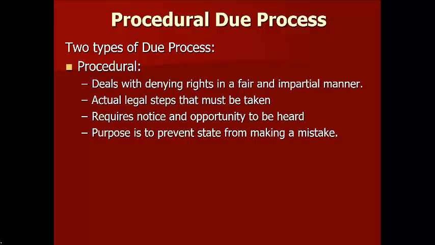So in order to take away those things now, the school district has to go through due process. And the first type here is procedural due process. So again, these are the formalized steps the district has to go through in order to take those rights away. And we'll look at what those steps are. And during instructional leadership, you will work on a plan of improvement which incorporates these steps in procedural due process.